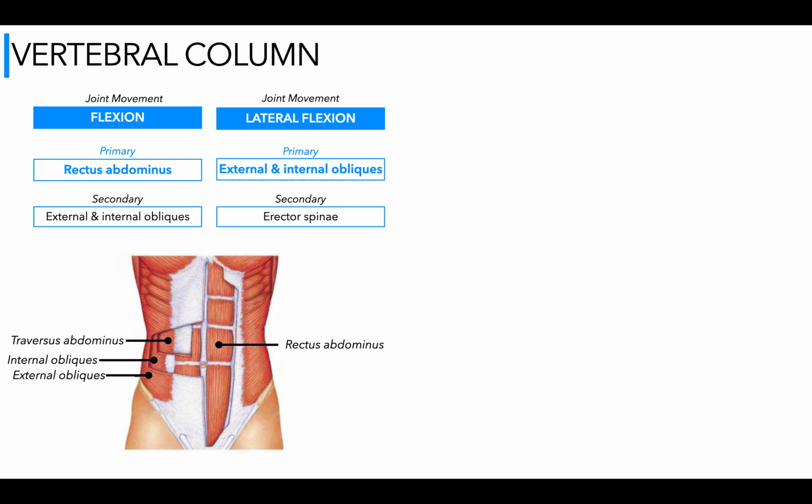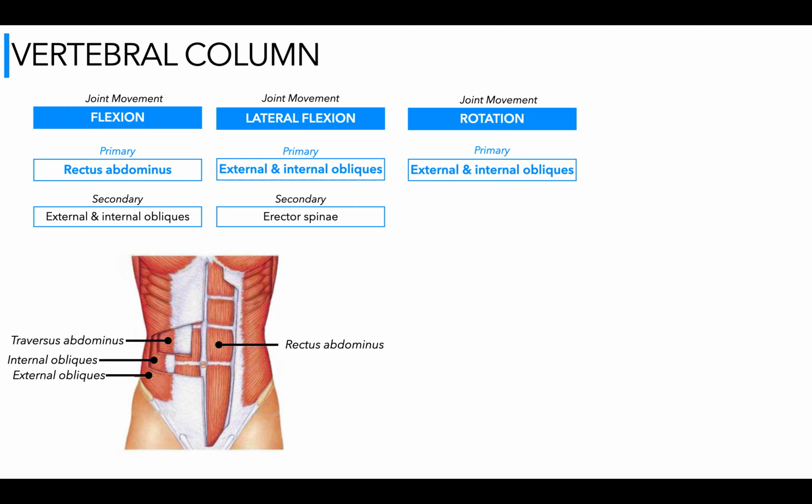And the secondary is the erector spinae. Now, you won't see that yet until we get to the posterior and the muscles on the back, but you will shortly, as we still have one more, rotation. And the primary muscles are the external and internal obliques. Okay, and the erector spinae is a secondary muscle. So they are working during that.